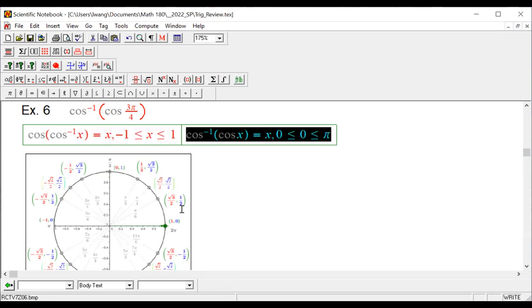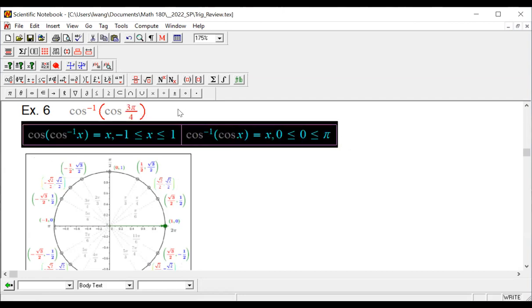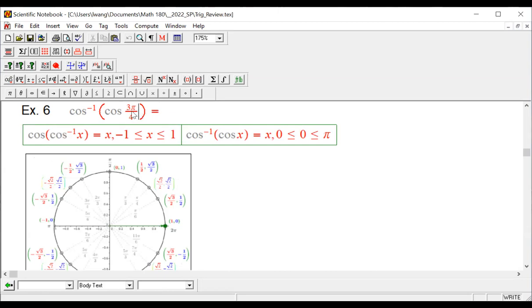Yes, it does, because 3 pi over 4 is between 0 and pi. So the answer is very straightforward. Otherwise, you still just do it from inside out, right? So the shortcut applies. That's nice, right?